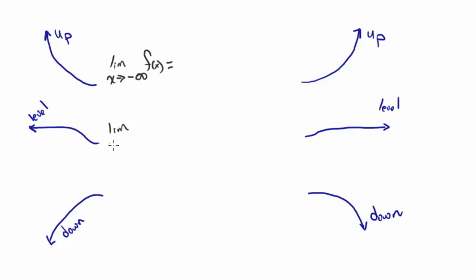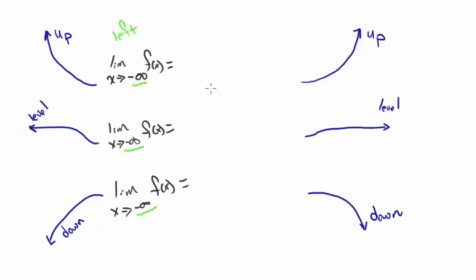Similarly, this is the limit as x approaches negative infinity of f of x, and the limit as x approaches negative infinity of f of x. The stuff underneath the limit, this negative infinity over here, is what tells me that we are going to the left.